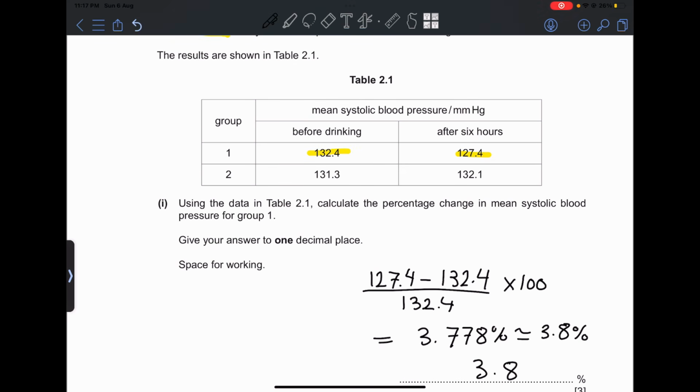Using the data in table 2.1, calculate the percentage change in the mean systolic blood pressure for Group 1. Over here we can see that before drinking, their blood pressure was 132.4. After 6 hours, when they drank the beetroot juice, it became 127.4.